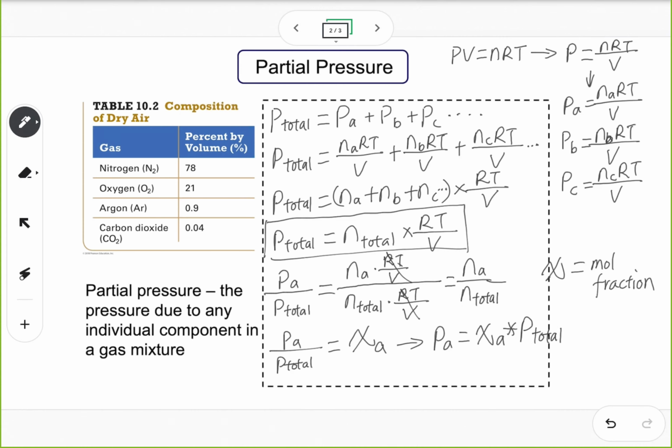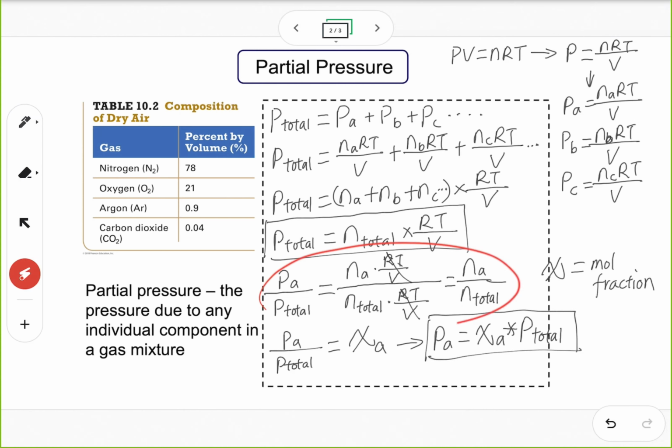Okay, so this is the second equation we can derive based on this process.